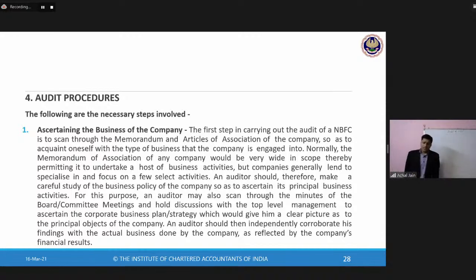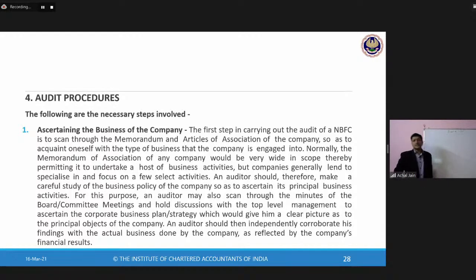Secondly, as around all of these risk assessments which the auditor would have done, the next step for the auditor will be to ascertain what controls are existing in the NBFC. Because management must have placed controls. And whose responsibility is this?